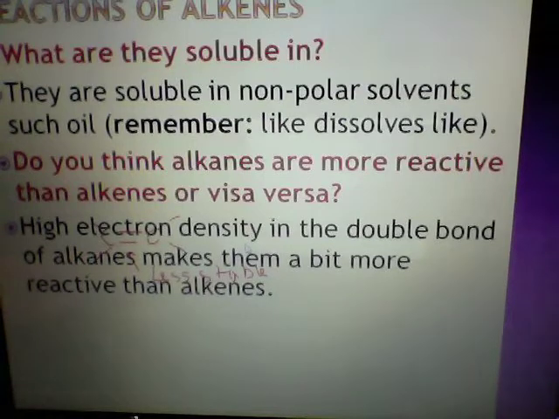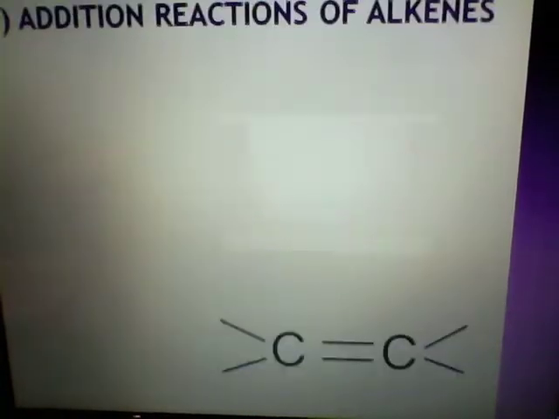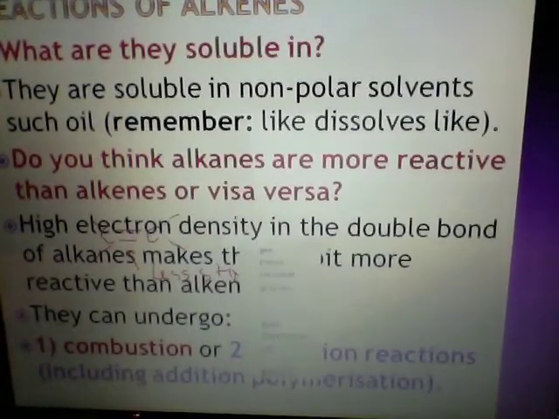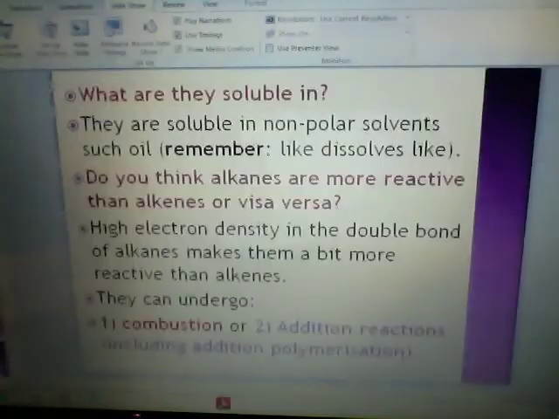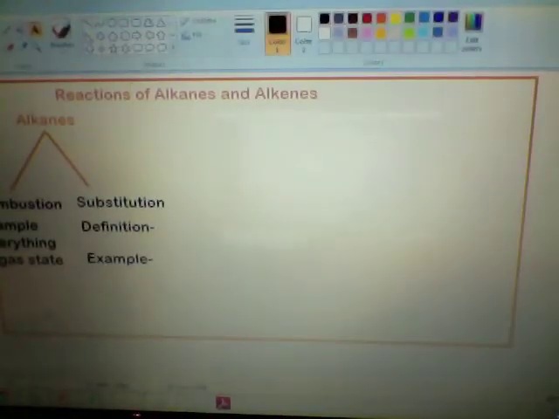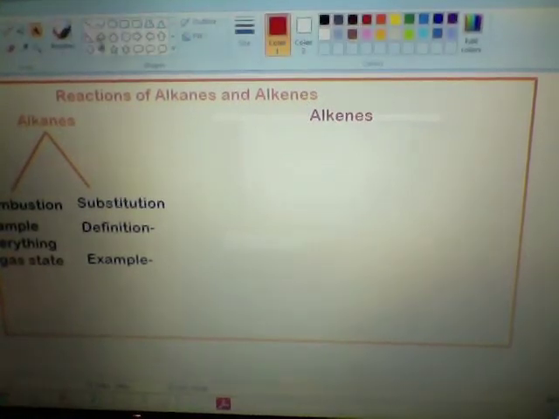Okay, now they can undergo two main reactions, combustion or addition reactions, including addition polymerization. Very fancy sounding word. Okay, so let's add that to our poster. Okay, here we've got, let's go in red, alkenes. We have two types of reactions.